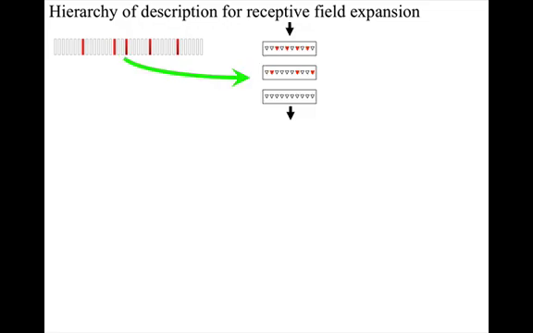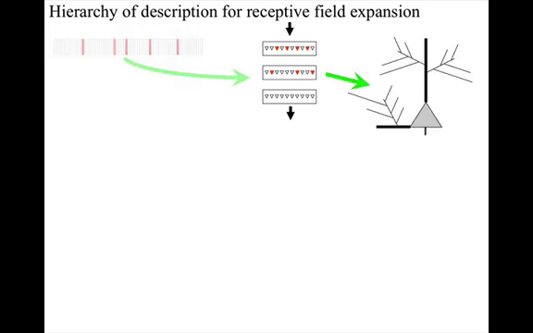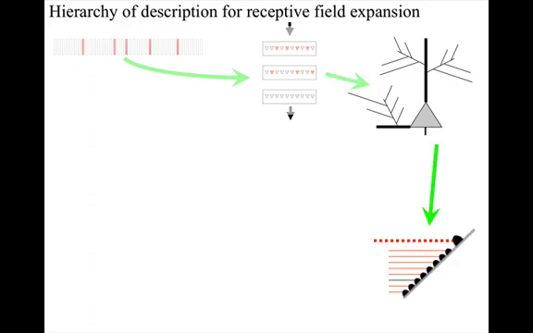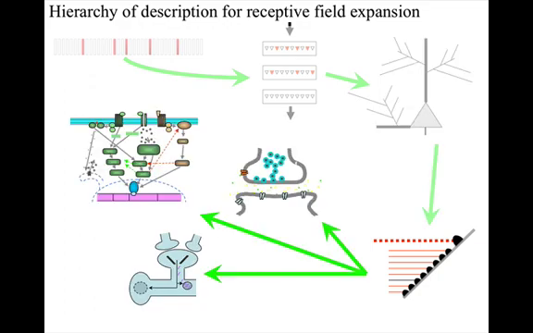Then, map a key part of that description to the internal cortical column level. Then, a part of the column level description to receptive field expansion at the pyramidal neuron level. Then, to the dendritic branch level. Then, mapping several parts of the branch level description to descriptions in terms of chemistry within the synapse and the neuron.